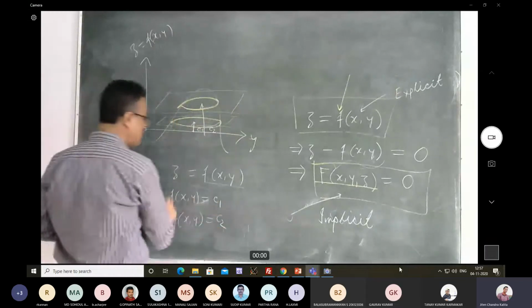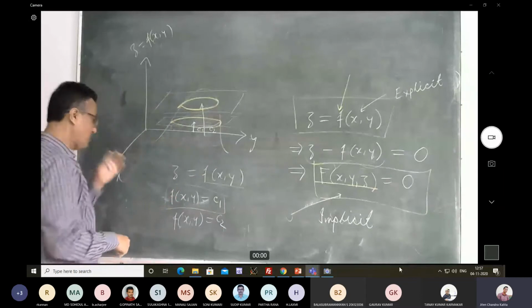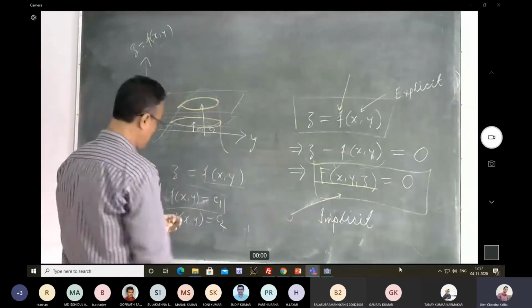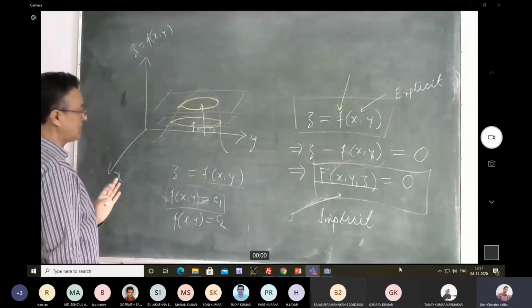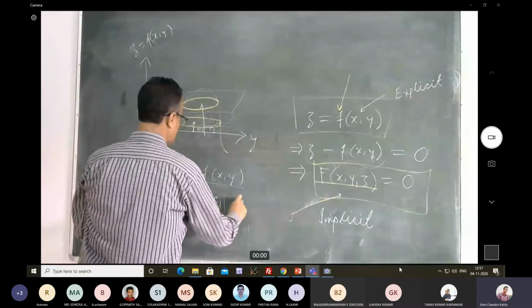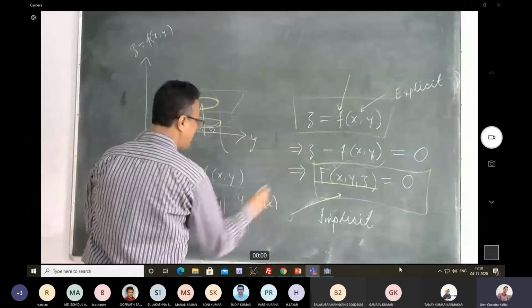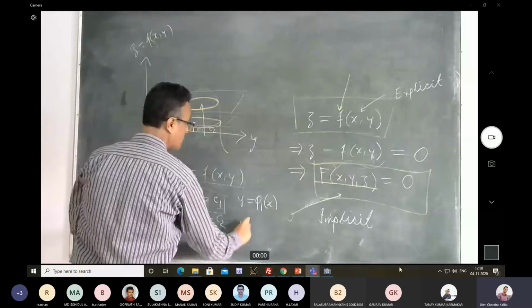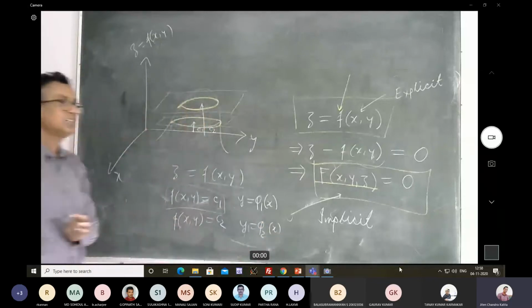And obviously, if you follow the implicit function theorem, which I'll come to later on, under certain circumstances from both of these you can express y explicitly as a function of x, isn't it?